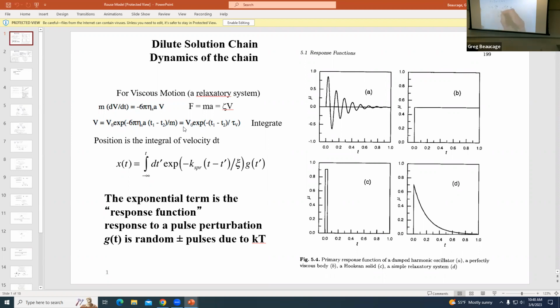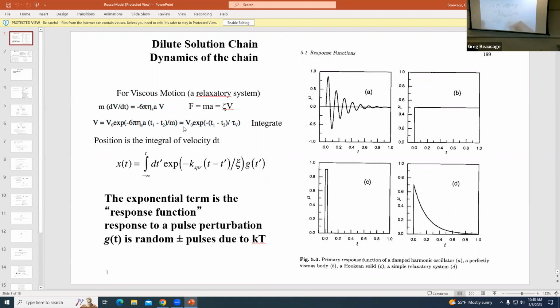Let's see. No, I don't want to use this acceleration. I want k spring times x. That's what I want, sorry. So then if I pull that around, I have dx/dt, dx divided by x, right? To get the exponential equals dt, and then dt times K spring over this friction factor.